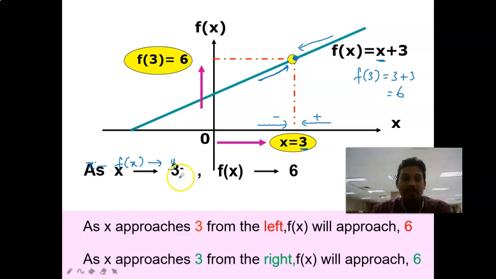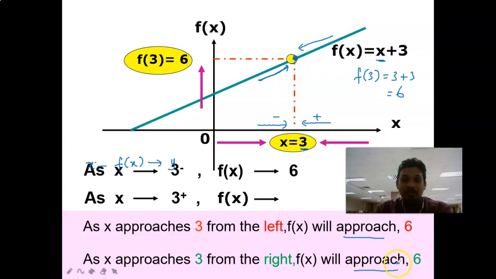And also x approaches 3 from the right, f(x) will approach 6. It's not exactly 6, but approaching 6. Okay, getting closer to 6. Then f(x) approaches 6.